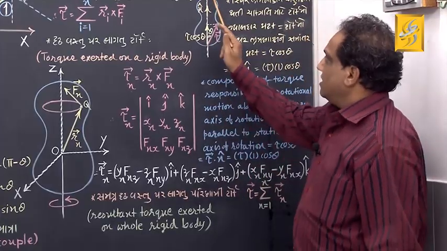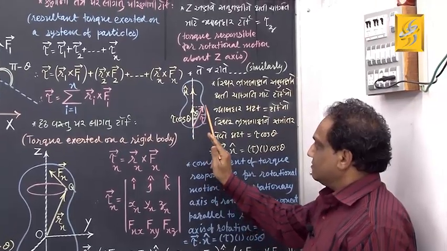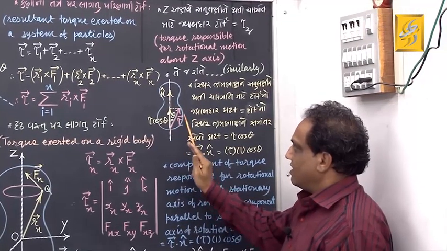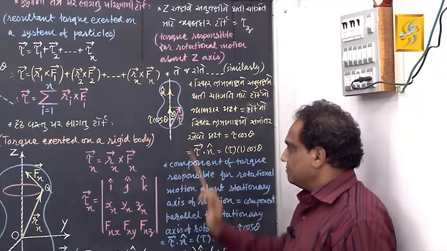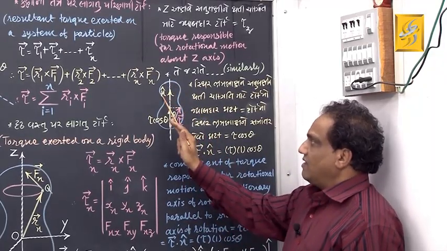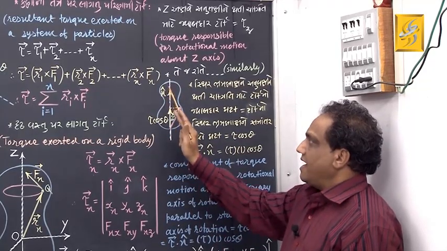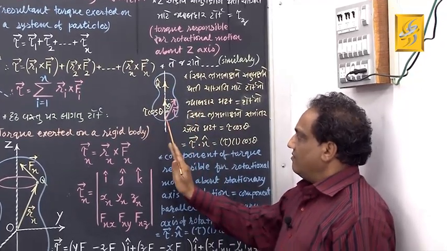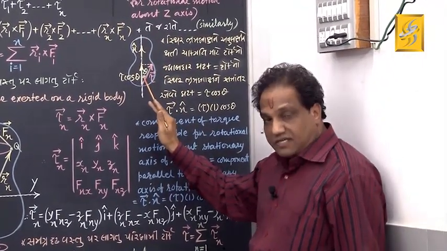Suppose the torque exerted on the whole rigid body comes out to be in this direction, correct? Say in this direction vector tau, and this is the stationary axis of rotation. And now define one unit vector along this stationary axis of rotation, let it be n hat. Now the angle between vector tau and this n hat is, suppose, theta.